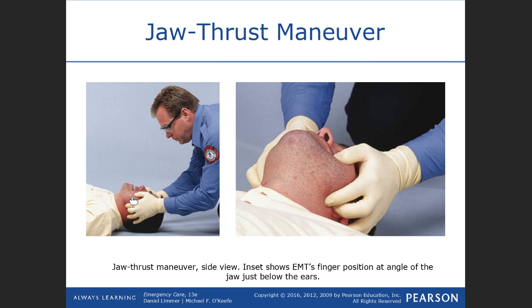It's up and push forward. By doing that, all you're manipulating is the lower jaw. And in doing that, you pull the tongue out of the airway passage without causing any significant movement within the neck or spine.